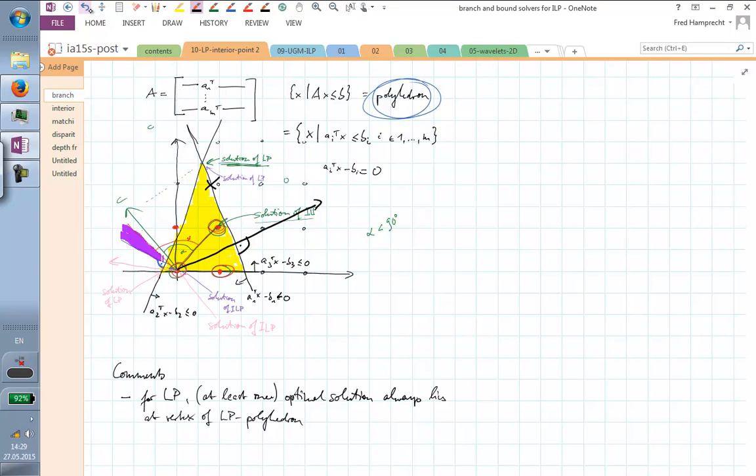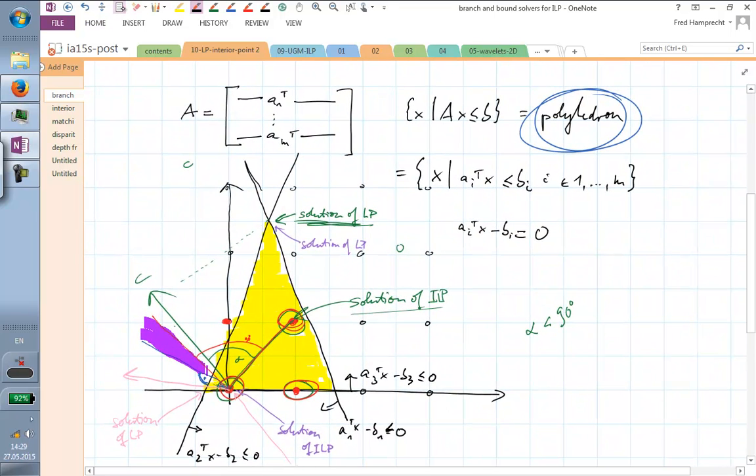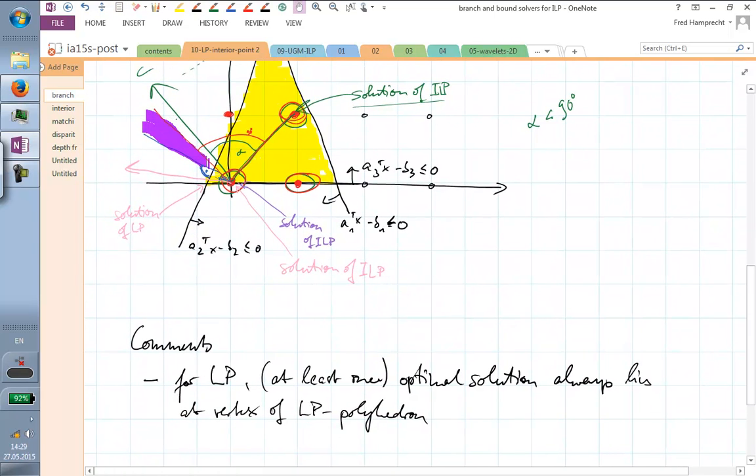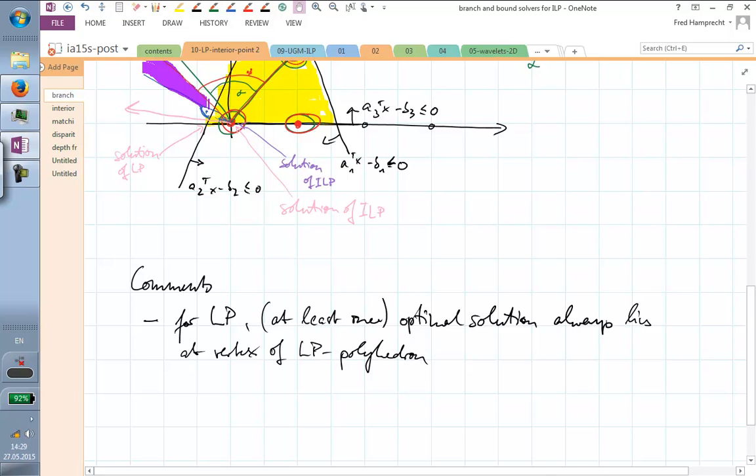But even when I do have degeneracy, there is one solution, at least given by a corner, which is no worse than the other degenerate solutions. And for normal cost vectors which do not induce degenerate solutions, it's always one of the corners which will give me the optimum. Everybody happy with this statement? Okay. This can be proven more formally, but I think the intuition is clear.